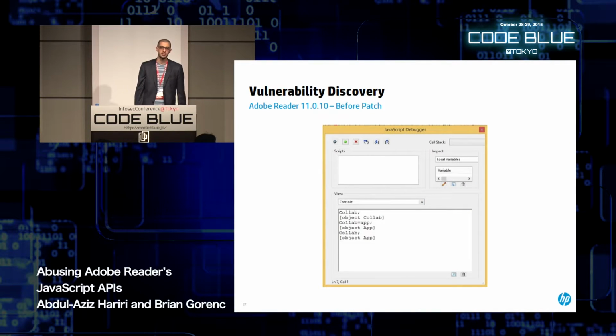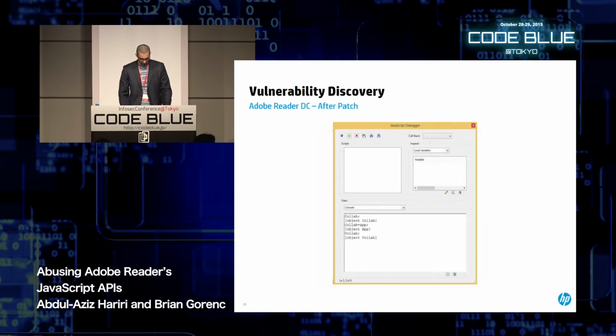All right, so before Adobe patched this bug, it allowed us to override system objects like collab, app, spell, search. All these system objects, we were able to override with whatever objects we want, and we could overload whatever methods they contain with any methods we want. So this is before the patch. After the patch, they released a version called Adobe Reader DC, and they stopped allowing overriding of system objects.